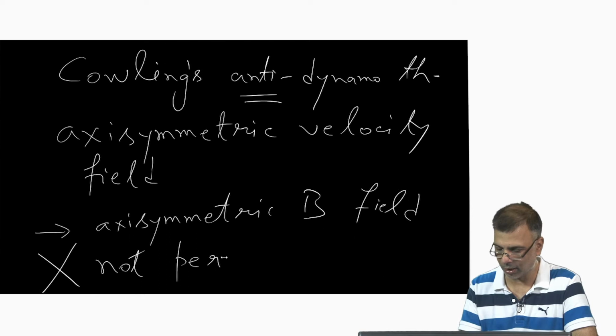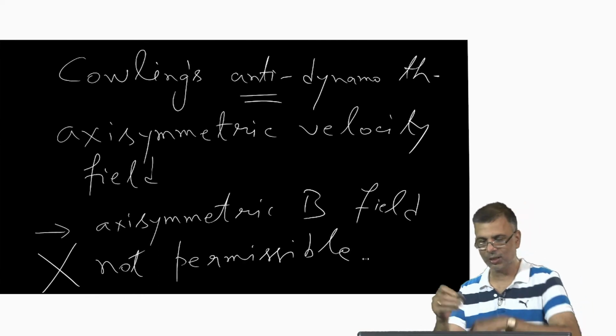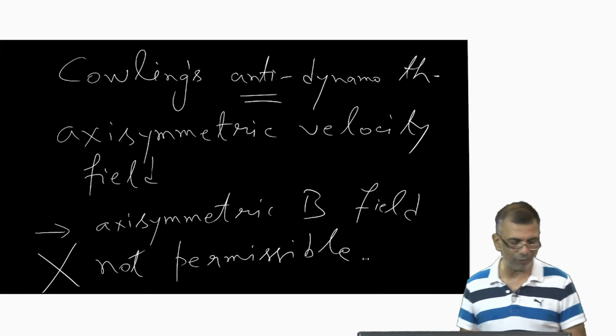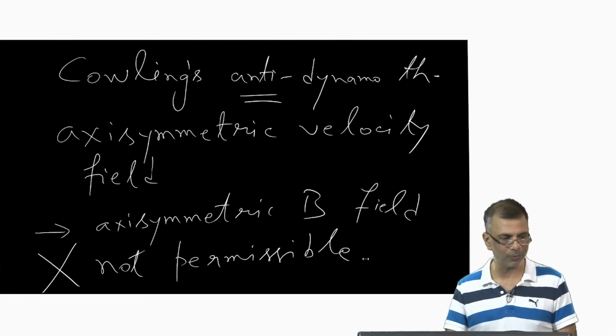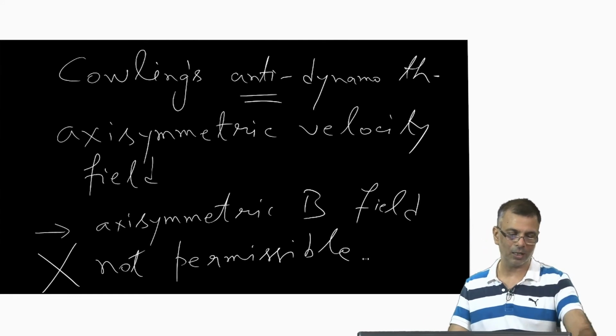I am not going to go into exactly what Cowling's anti-dynamo theorem is. This would have been a very simple situation, the simplest of explanations. Unfortunately, the simplest of explanations is not permissible. What can one do?